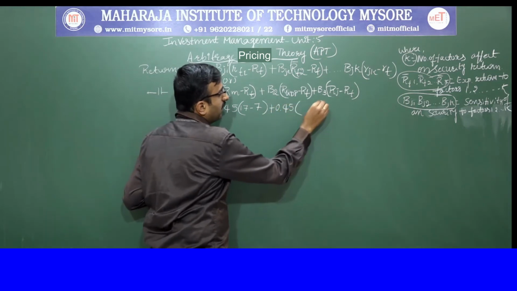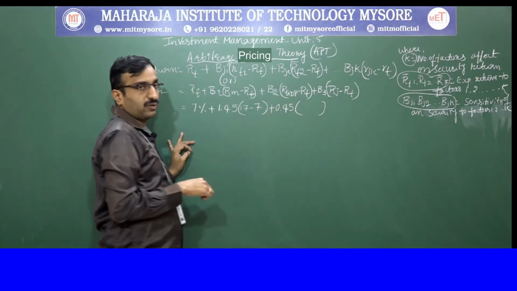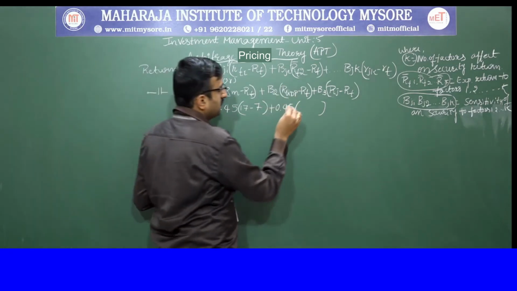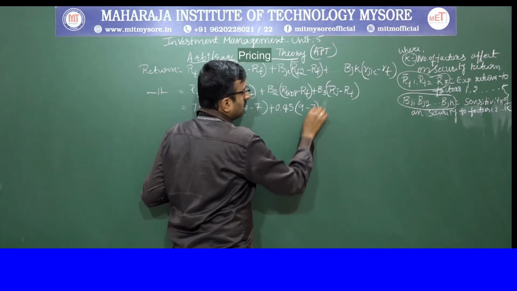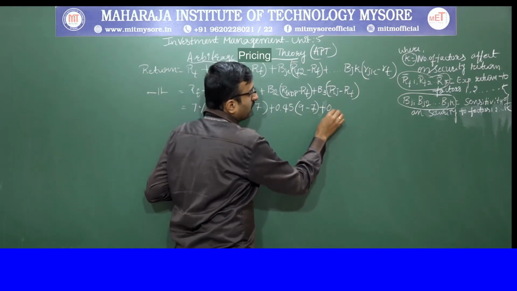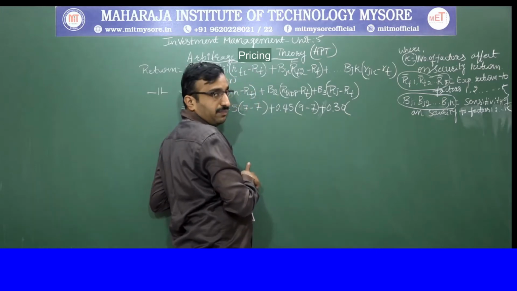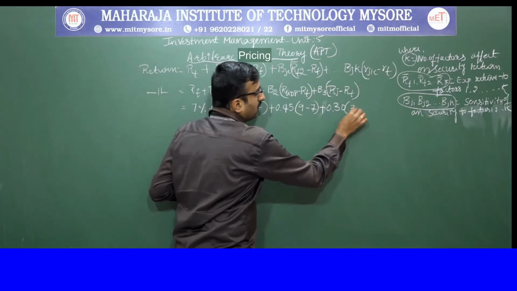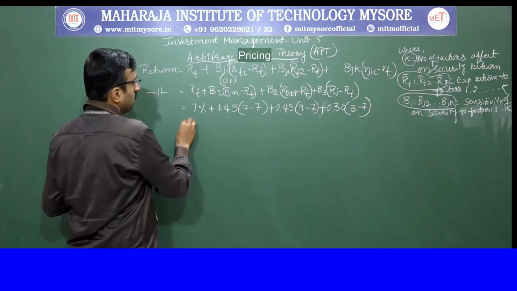It is 0.45. Then RGDP, the return due to GDP growth rate, how much is it? It is 9, RF is 7, as given. Then B3, that is beta 3, is how much? It is 0.30. The security premium is 3 and the risk-free rate of return is 7. Calculate.